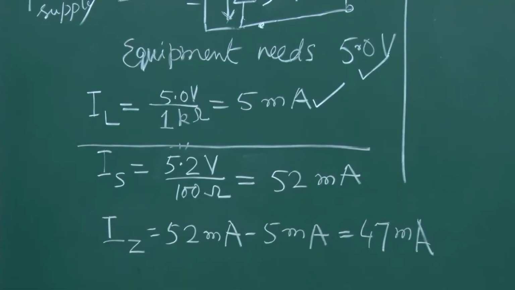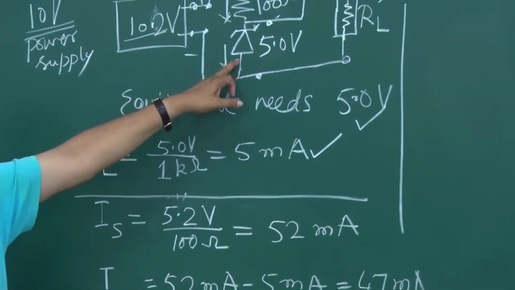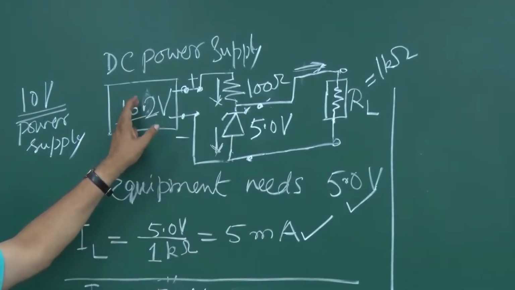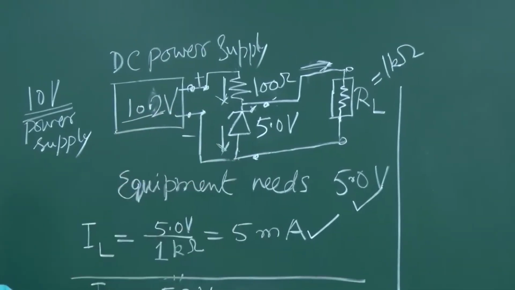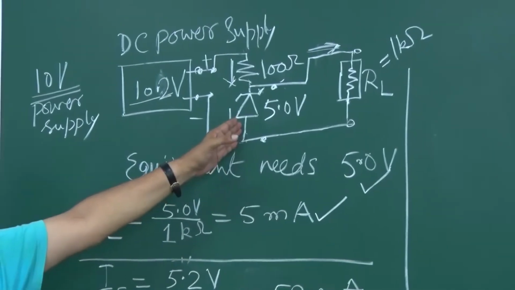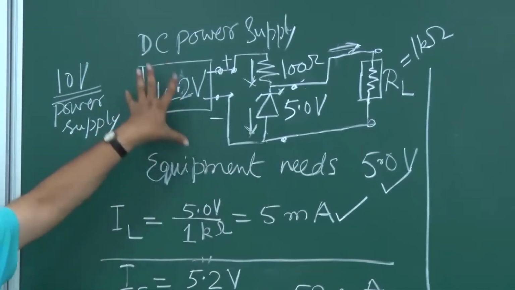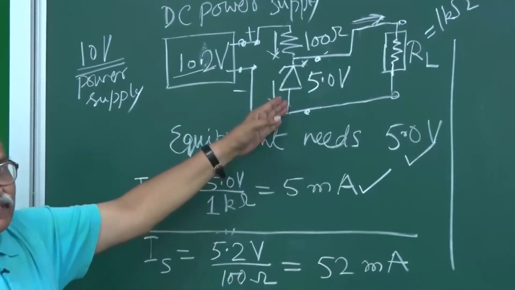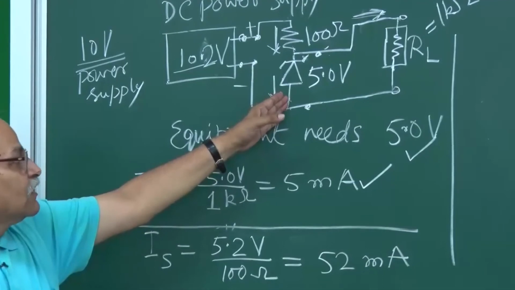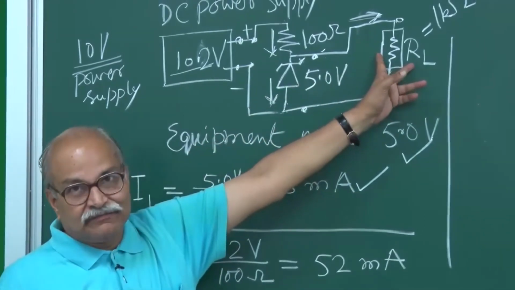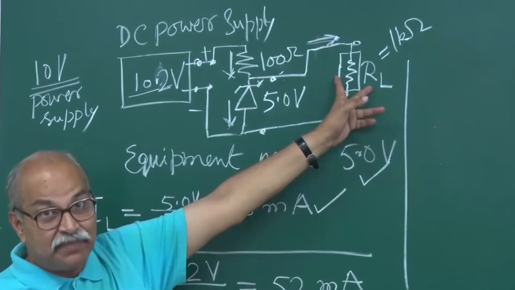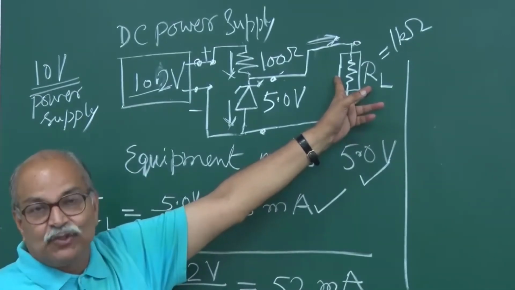So you see the current through the zener has changed. In the previous case, when it was 10.0, we calculated this current as 45 milliampere. Now the voltage has fluctuated and this current has changed. From 45, this has become 47. But my equipment, my appliance, this load resistance, has no effect on that.